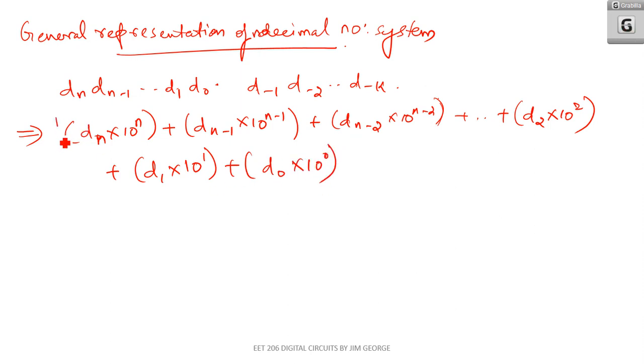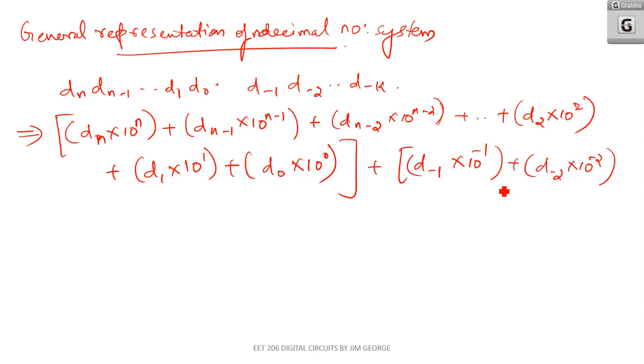That represents this much is the integer part, plus d(-1) into 10 raised to minus 1 plus d(-2) into 10 raised to minus 2 plus etc. plus d(-k) into 10 raised to minus k.